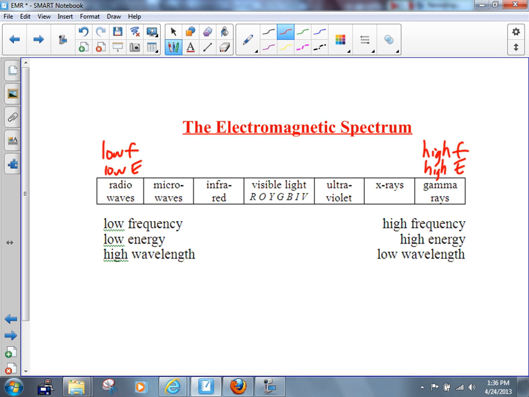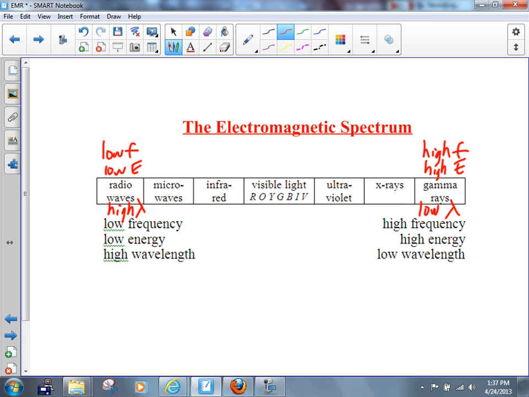Wavelength works exactly the opposite. When we have a high wavelength, it means we have a low frequency. So we're going to say that radio waves have low frequency, low energy, and high wavelength. And gamma rays have a high frequency, high energy, and a low wavelength.